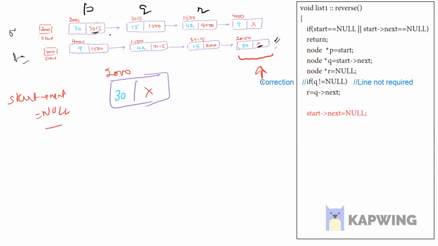Earlier it was 3015, but in the final list it is null. So voluntarily you make this 2000 next equal to null. But this 2000 was earlier acting like a starting node, so set start connects equal to null in the initial stage, so that this node settles down as a final output.